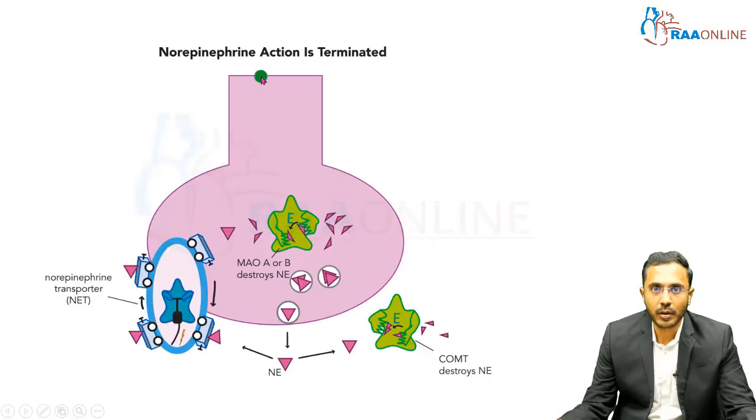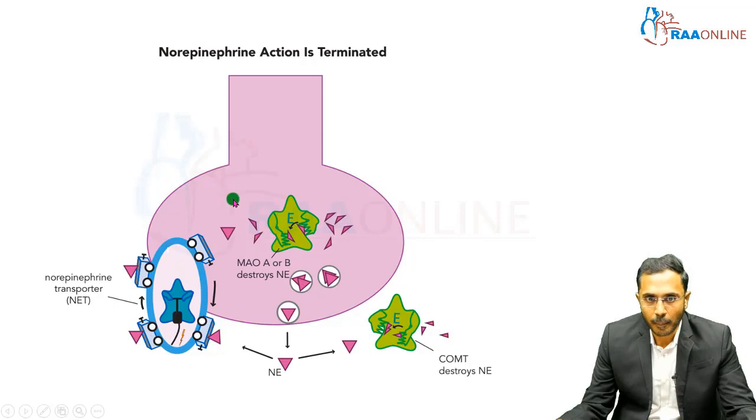If you see, this is a pictorial representation. This is the norepinephrine pump. It transports norepinephrine back into neurons. Monoamine oxidase A and B are present inside the neuron, in the presynaptic neurons. They destroy norepinephrine inside the neuron.